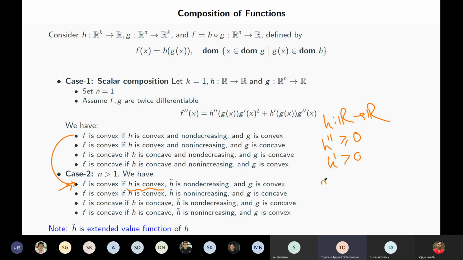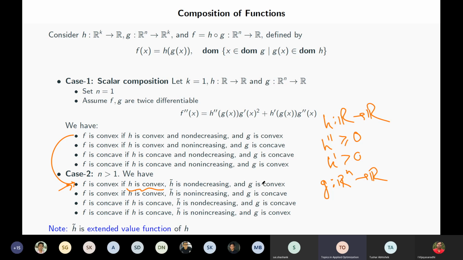Now remember that g is from r^n to r, right? And we are saying that g is convex.